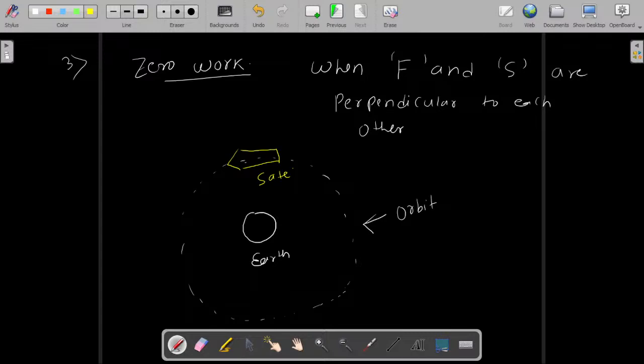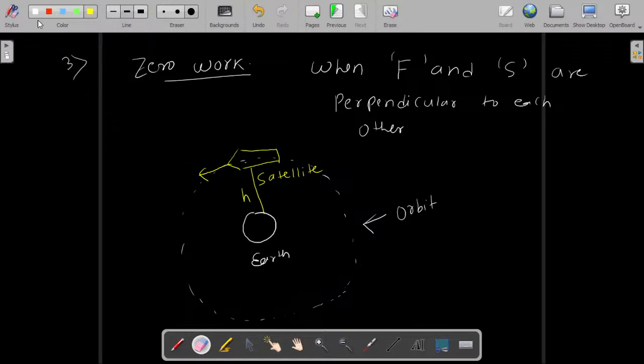This is satellite, and this is the distance of satellite from the Earth's surface, that is h, and this is the direction of velocity. So this is the direction of displacement also, because velocity is rate of change of displacement.